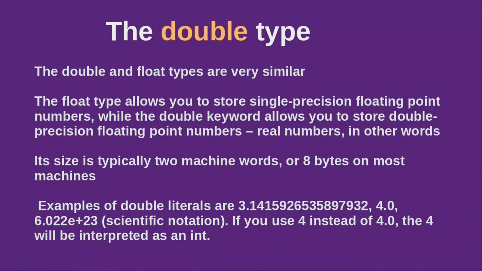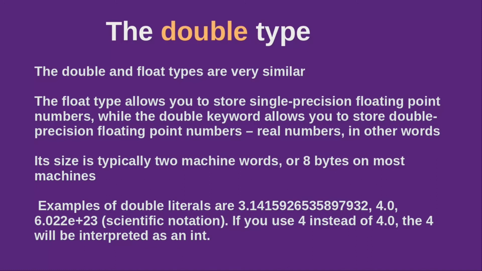The float type allows you to store single precision floating point numbers, while the double keyword allows you to store double precision floating point numbers, real numbers. In other words, its size is typically 2 machine words or 8 bytes on most machines. Examples of double literals are, as you can see there.